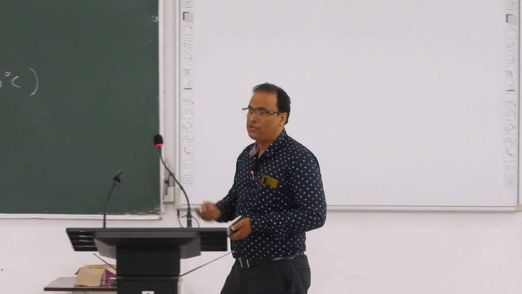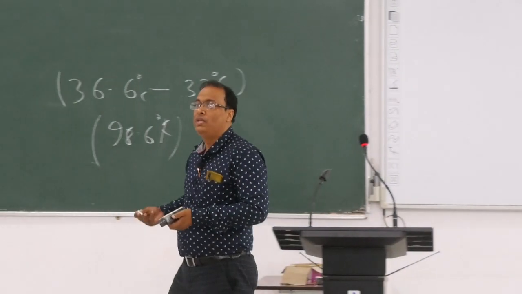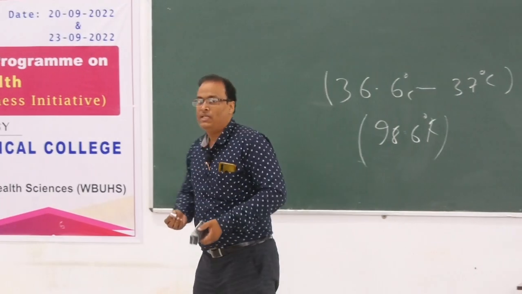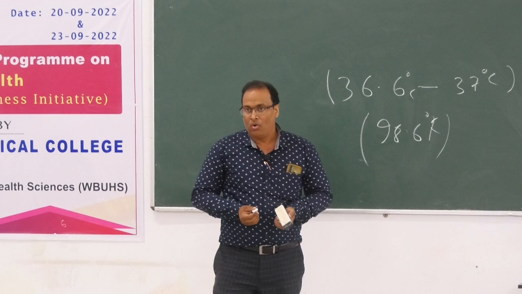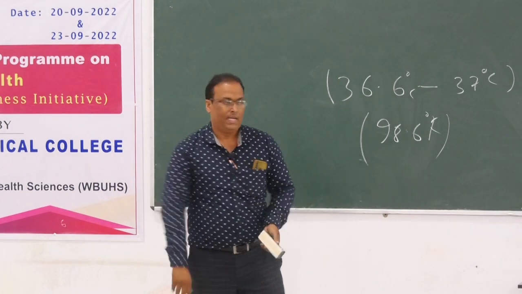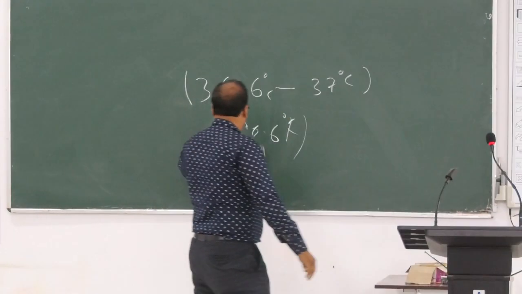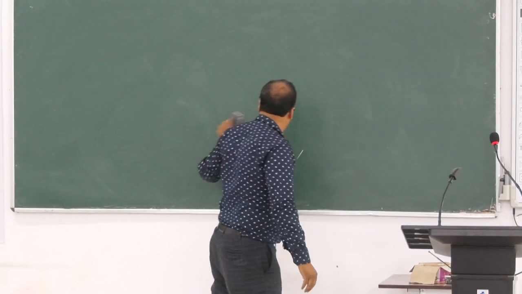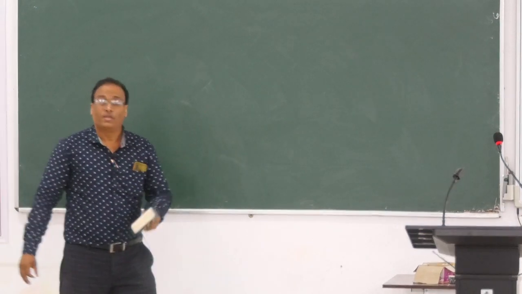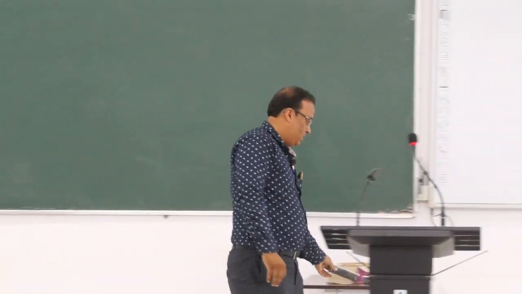If the temperature falls or increases, that will be deranged, and then everything will be deranged. So temperature control is very much important. Who controls it, and how does it help to keep this temperature at a fixed point?